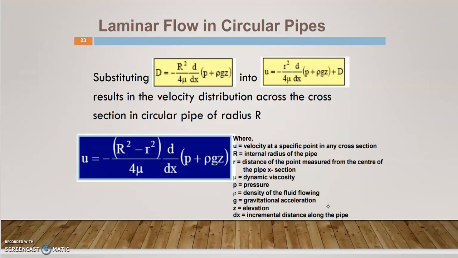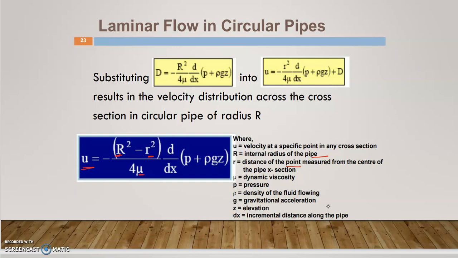So the velocity can be calculated by using this equation. Capital R is the radius of the pipe, and small r is the distance of the point measured.